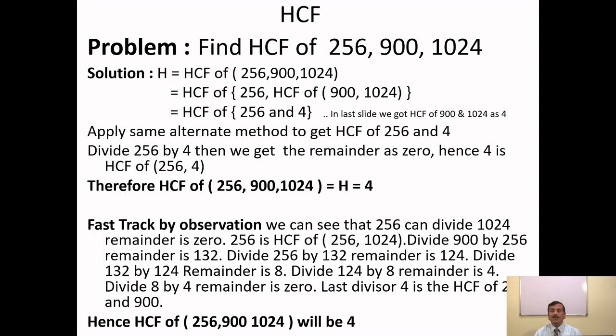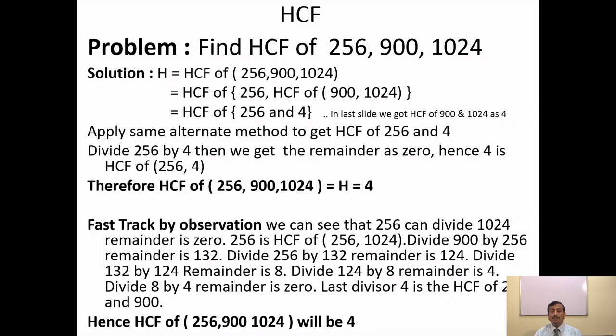So we'll get the HCF of 256 and 4. Apply the same alternate method to get the HCF of 256 and 4. Divide 256 by 4, then we get the remainder as 0. Hence 4 is the HCF of 256 and 4, and therefore the HCF of the 3 numbers 256, 900 and 1024 is equal to 4.